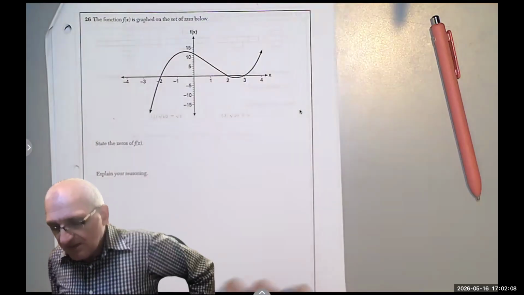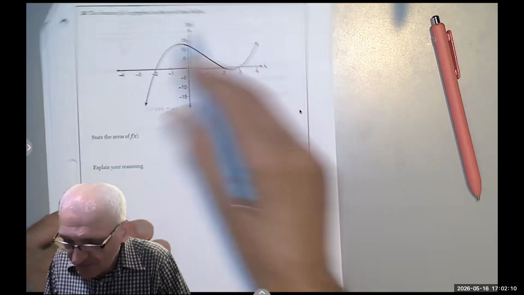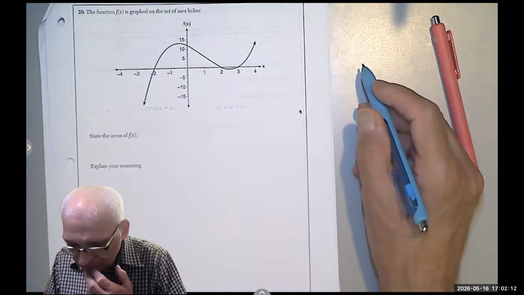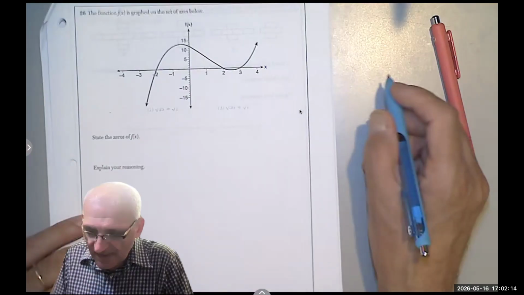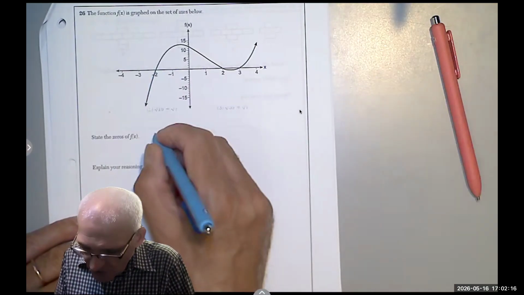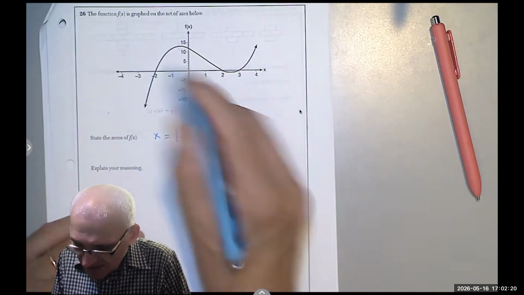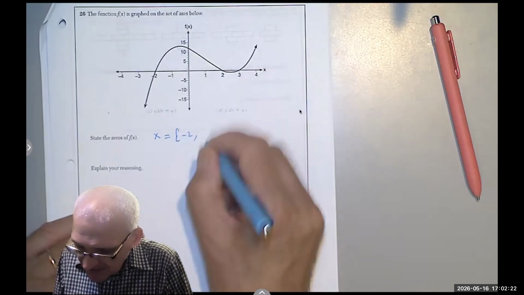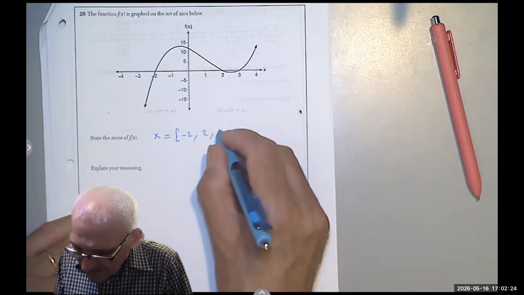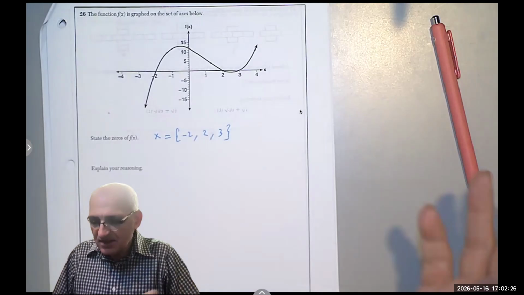Okay, the function f of x is graphed on the set of axes below. State the zeros of f of x. Of course, you have x equals, and the set of the values are negative 2, positive 2, positive 3. Explain your reasoning.